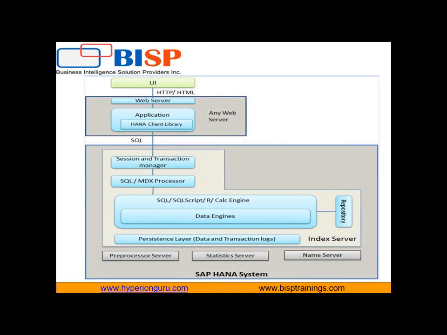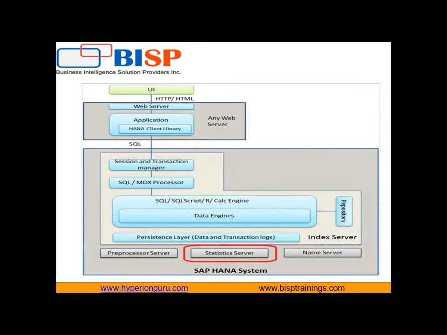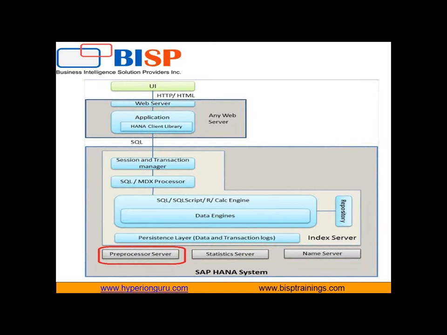The session manager, the upper layer, is the one which will establish a connection from the client application tools to the database server. And the preprocessor server is the one which is going to redirect, and the statistics server will hold the data of database performance.